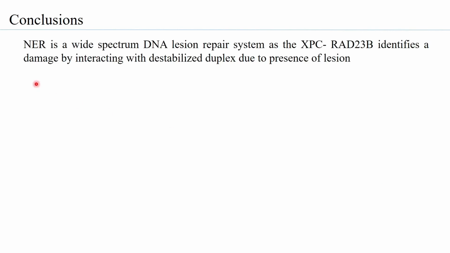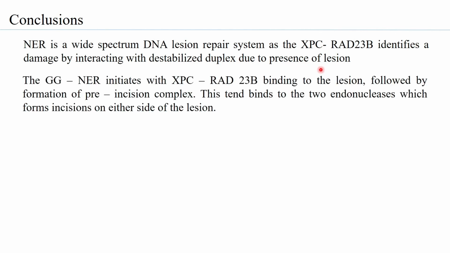So let us come to the concluding remarks. NER is a wide spectrum DNA lesion repair system, as XPC-RAD23B identifies the damage by interacting with the destabilized duplex. And this destabilized duplex is in turn because of the presence of a lesion.